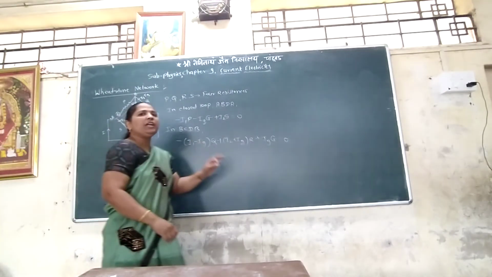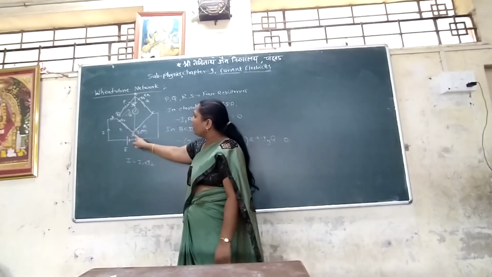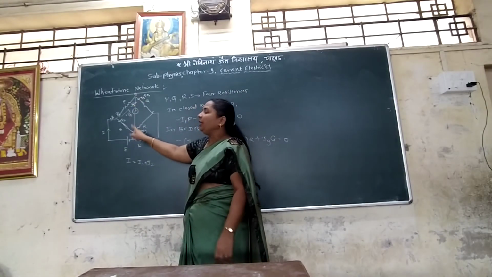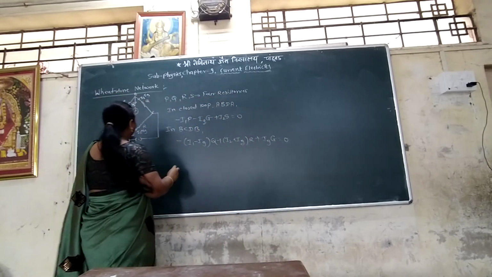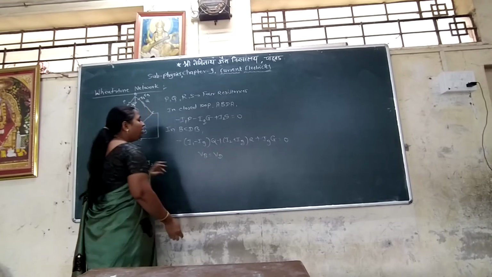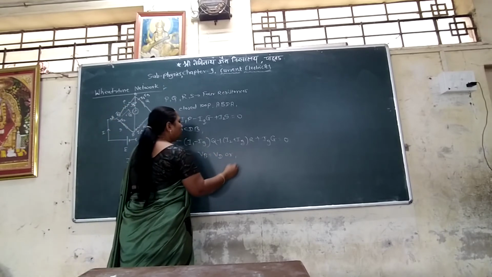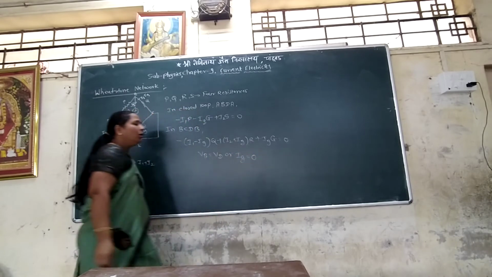Wheatstone's network balancing condition is when the potential at point B and the potential at point D are the same, meaning VB is equal to VD, or the current flowing through the galvanometer is 0. IG is equal to 0.